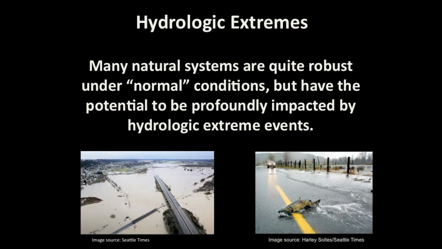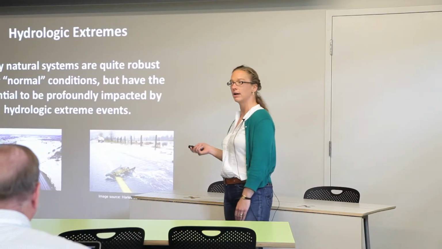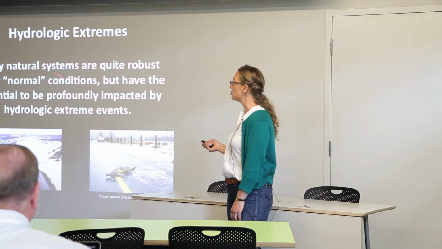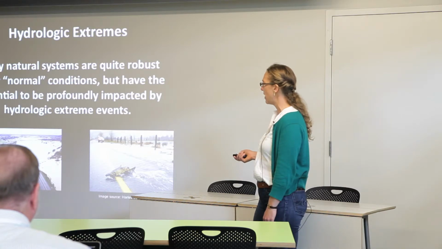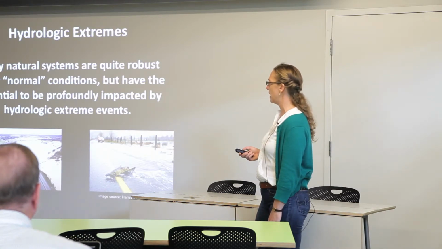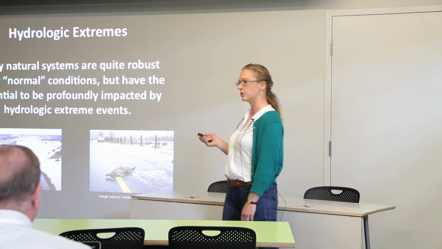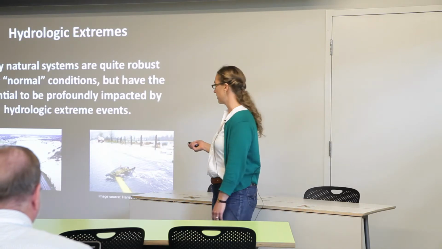And the reason we're interested in hydrologic extremes is because a lot of our engineering is built towards what we consider normal historical conditions, but our baseline is going to change with climate change because of that bump up in temperature. So we can't really rely on history to provide us with those normal baselines. And these systems become profoundly disturbed by these extreme events, which we think might occur more frequently.